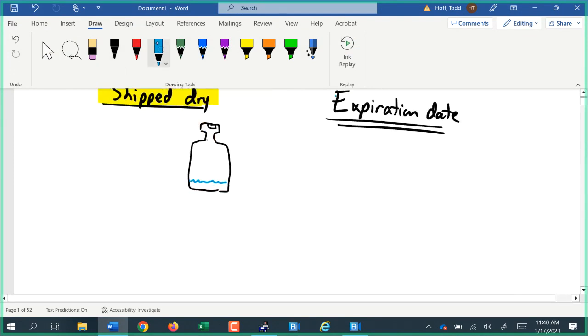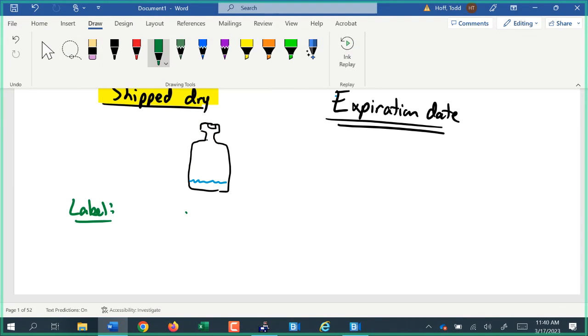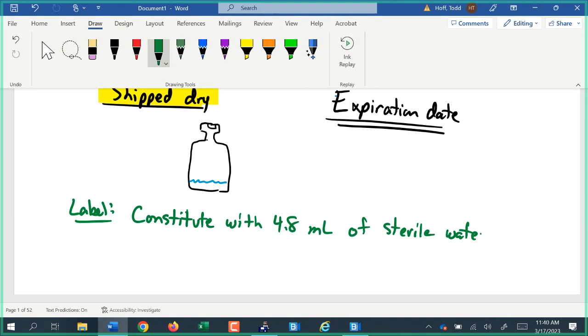So then the label might say, or the instructions might say, if it's in a separate pamphlet with the medication, constitute with 4.8 milliliters of sterile water to 25 milligrams in 5 milliliters.